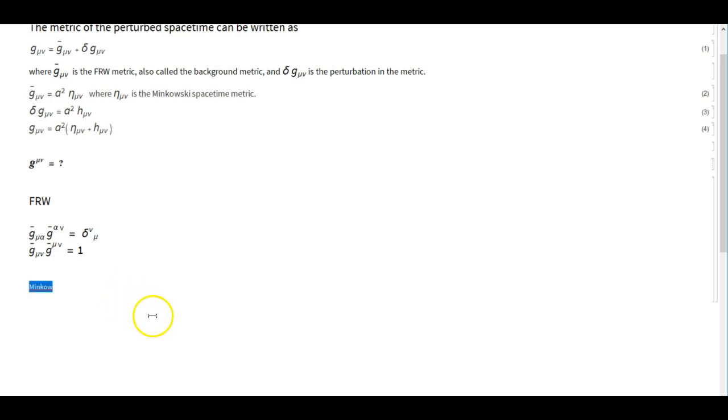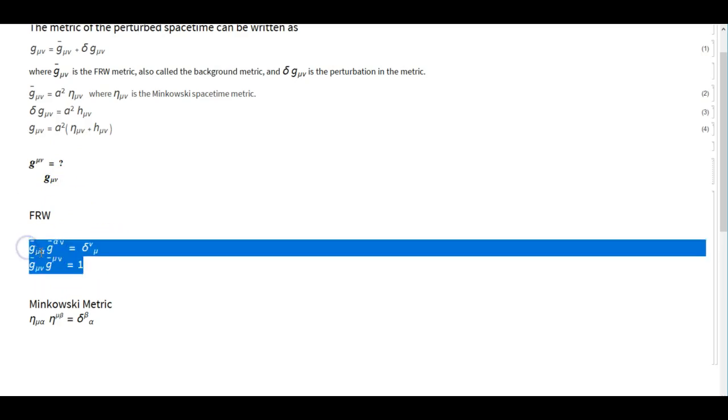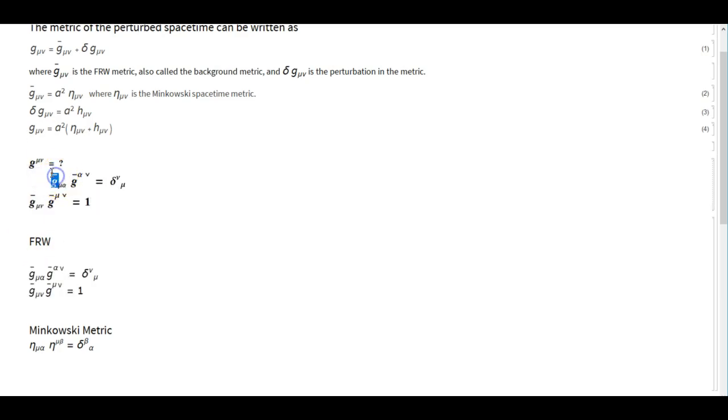We also know that in Minkowski space-time, we have this relationship, and the way this g mu nu is designed, we want this g mu nu also to obey this relationship.